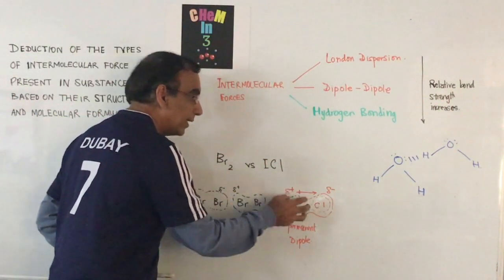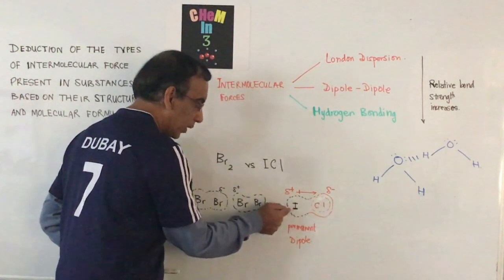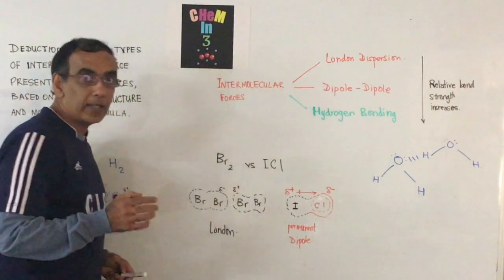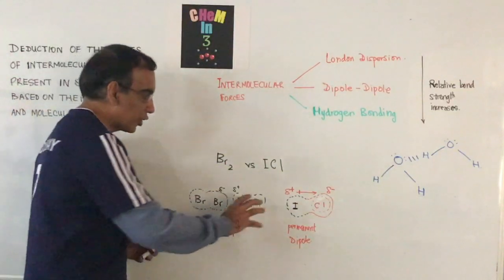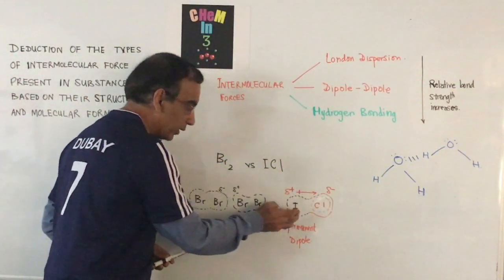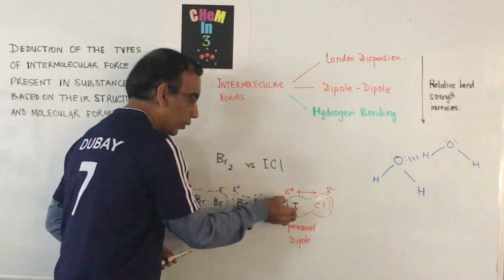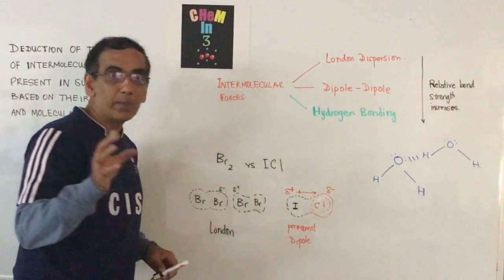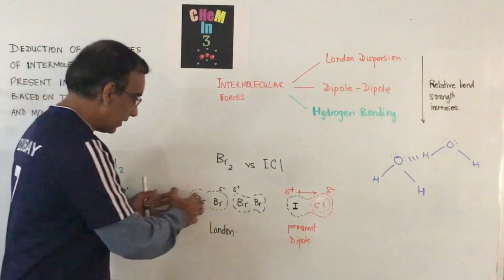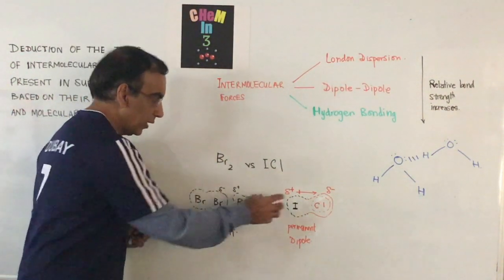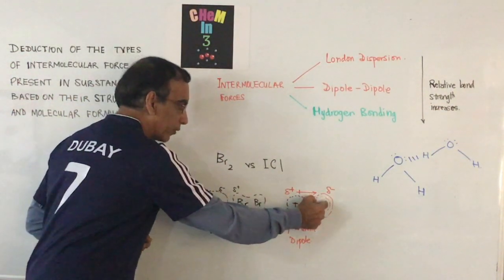chlorine is a highly electronegative atom, much more electronegative than iodine, which means that the shared electrons in this covalent bond would be kept much closer to chlorine than they would to iodine. And this would be a permanent state, not a state of continuous movement, because chlorine is much more electronegative.